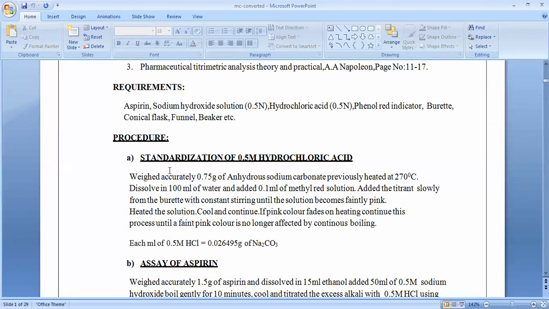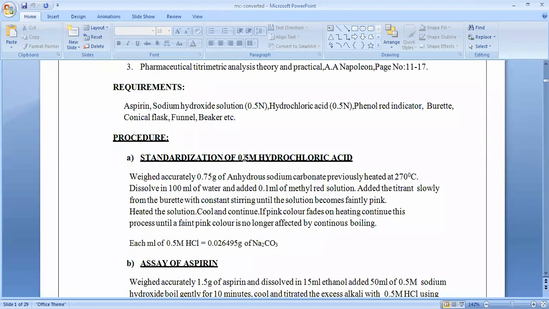So first of all, before proceeding to the assay of any drug, we have to standardize the chemicals. We have to standardize the normalities of the given solutions which are required for the determination of percentage purity of the drug molecule. Now, we are going to first standardize the 0.5 molar hydrochloric acid.